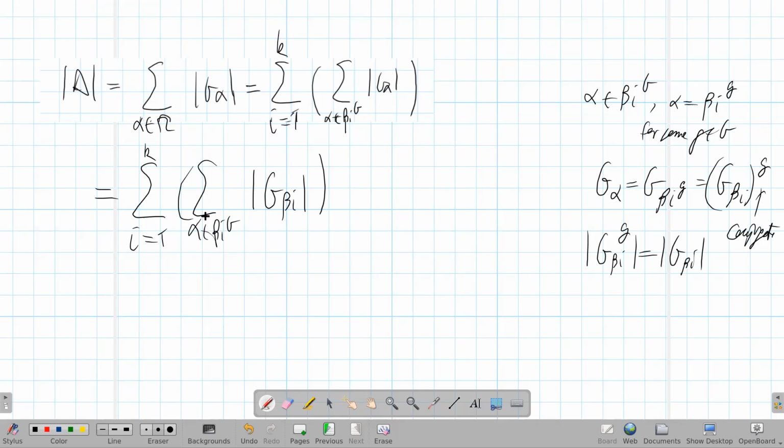And how many summands do you have here? The number of elements in the orbit.